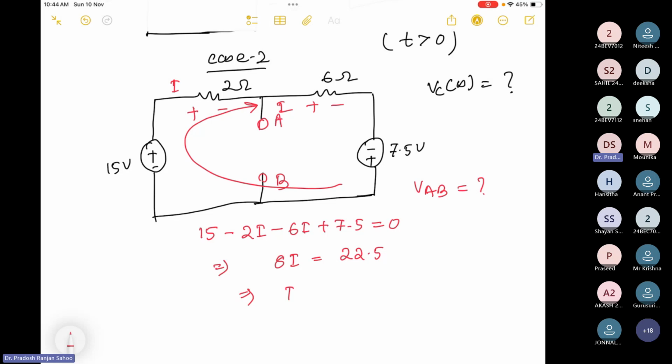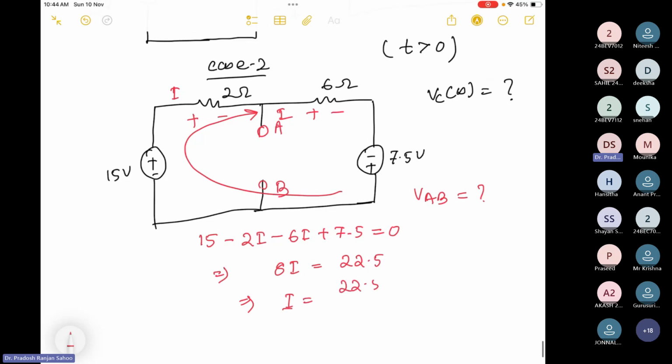So what is the I value? Please tell me. What is the I value? 22.5 divided by 8. How much I will get? How much I will get, Ra? Tell me the answer. Unmute your mic and tell me the answer.